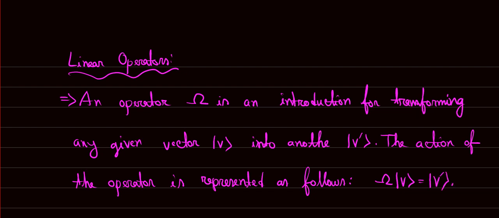So any operation that transforms a vector into another vector is called an operator, and we will write it like this. This line means my omega operator acting on V vector turns it into another vector V prime.